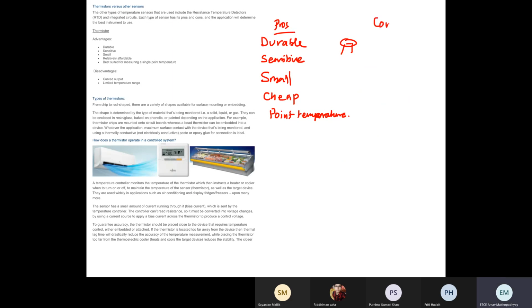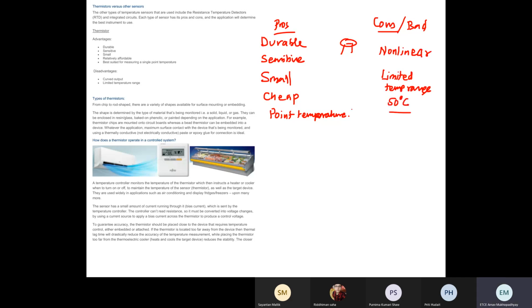What is the bad thing? Why is it bad? First is it's non-linear. So you have to do some extra complicated calculations or circuit complications to convert. Another is temperature range is limited. It cannot measure everything. It will have a limited temperature range. For instance, I have already said it's 50 degrees centigrade.